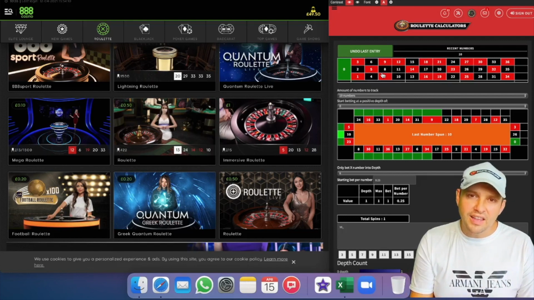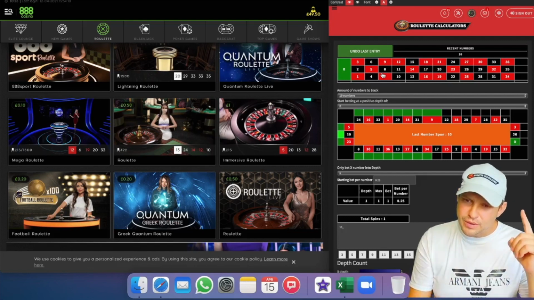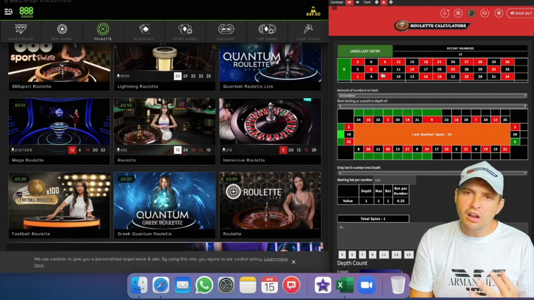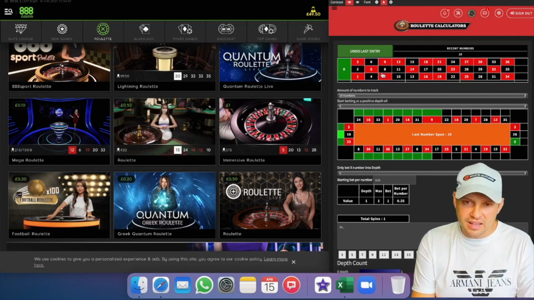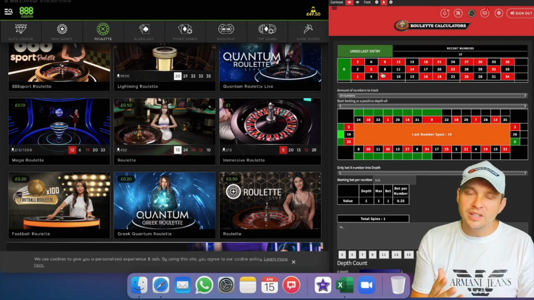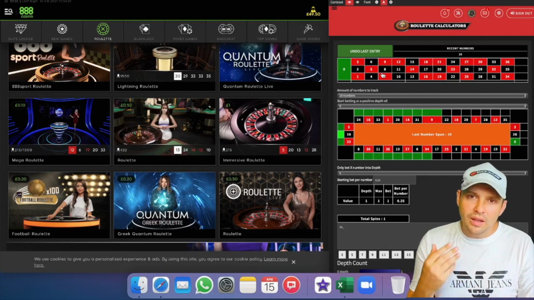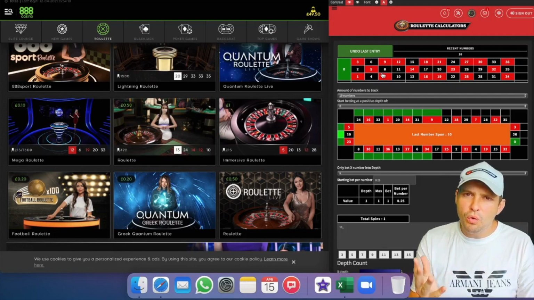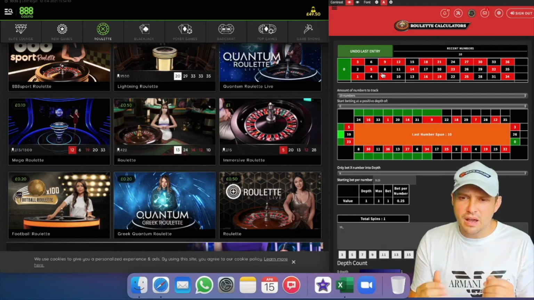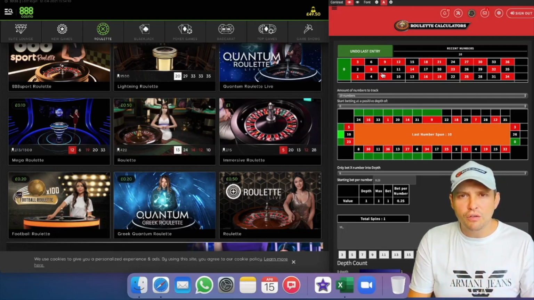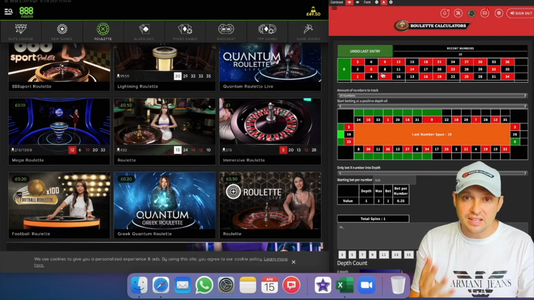The reverse area key is the other side, the unhighlighted numbers. What we're doing is looking for a dealer or a table that is showing a level of consistency, where either the highlighted section hits more often or the unhighlighted section hits more often.